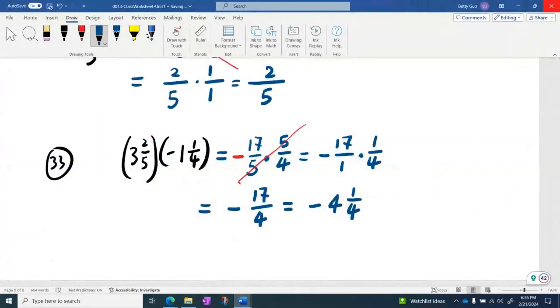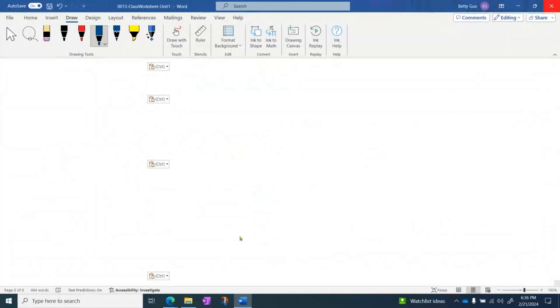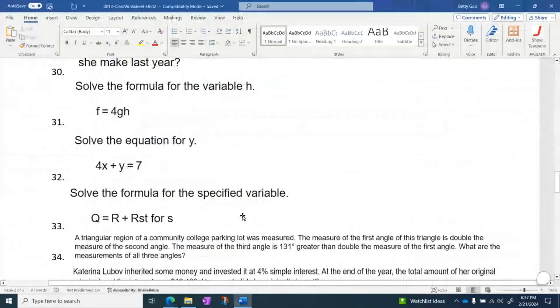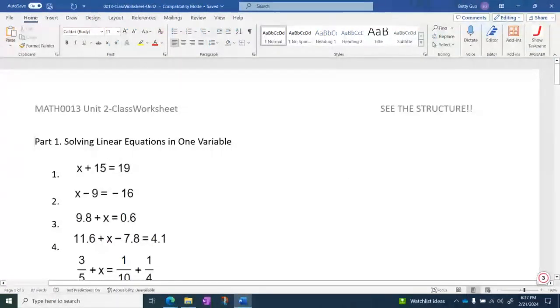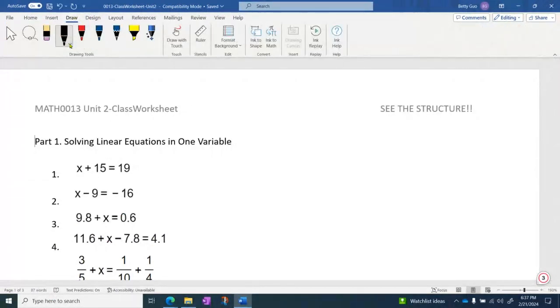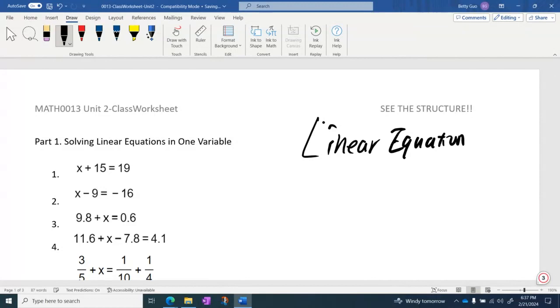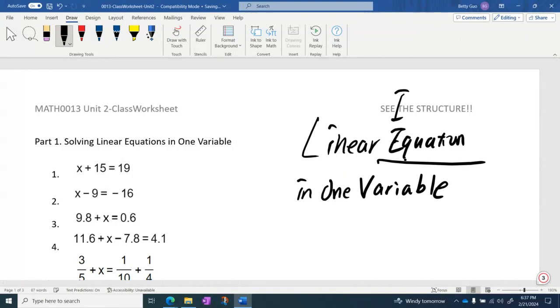So now let's start chapter 2. What do we do in chapter 2? We do 2 things mainly. We solve linear equations in one variable, and then we also solve linear inequalities in one variable.